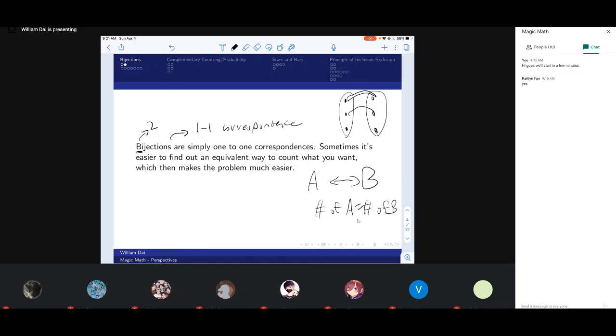So it could be something like this, or it could be a bit more complicated, like this. These are all bijections. So does that make sense?